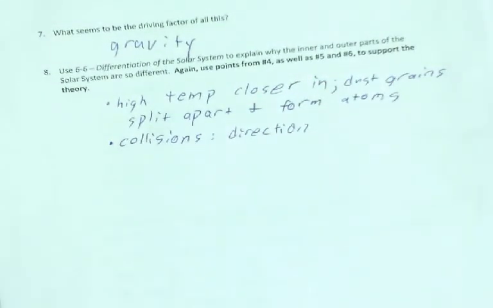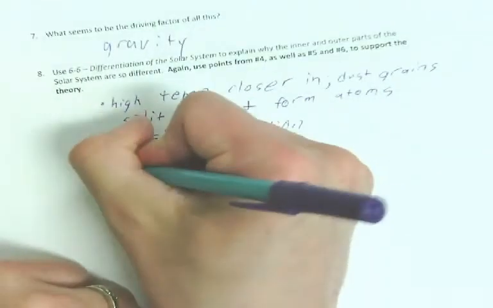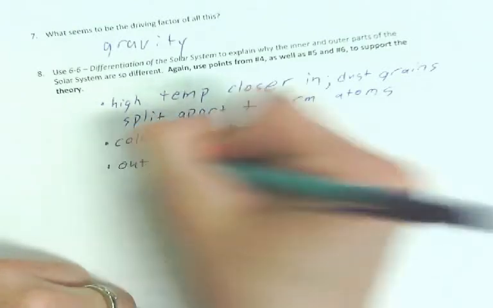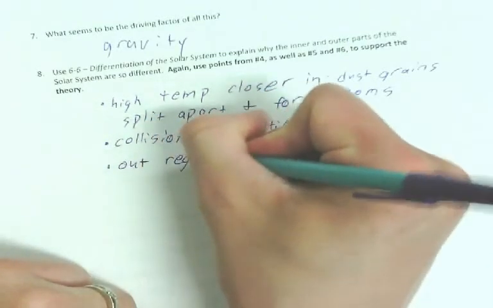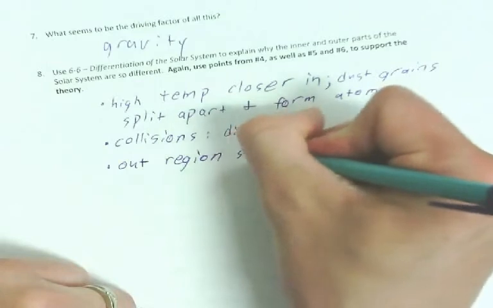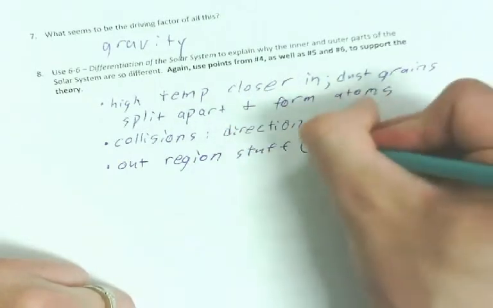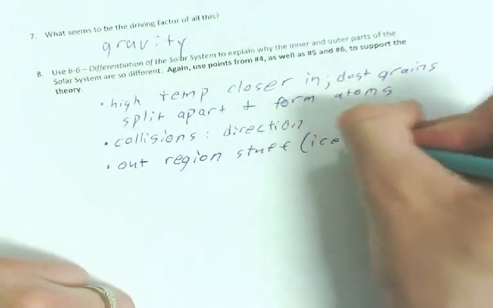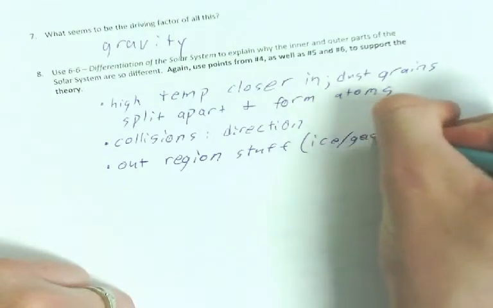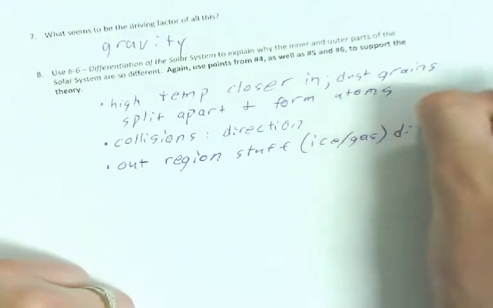Michael, part 2, the return of Michael. What you got for me? Stuff in the outer regions remained intact when the stuff in the inner parts disappeared. And this is stuff like ice and gas. That stuff didn't get ripped apart.